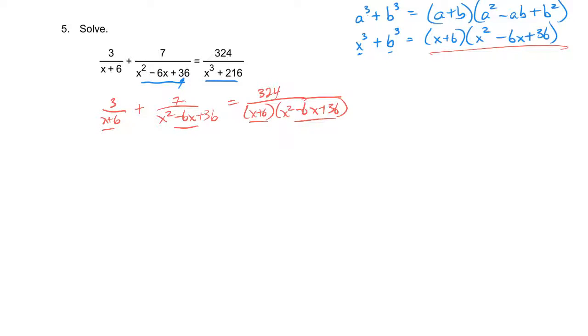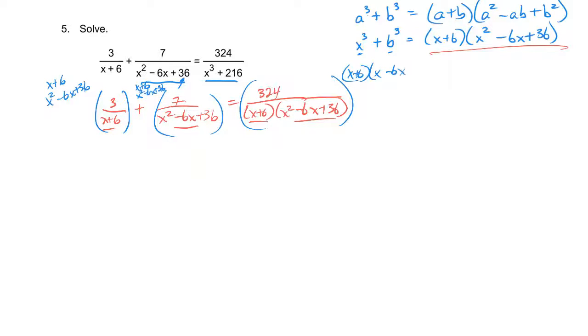So I'll multiply every term by x plus 6 and x squared minus 6x plus 36. I'll multiply this by the same thing, and this by the same thing.